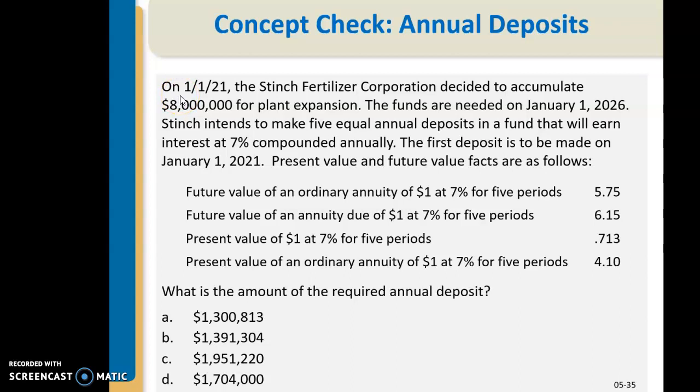Well, we don't know what the payment is, but we can restate that formula as future value divided by the factor will equal the payment. So if we take $8 million and divide it by 6.15, we will calculate $1,300,813 rounded.